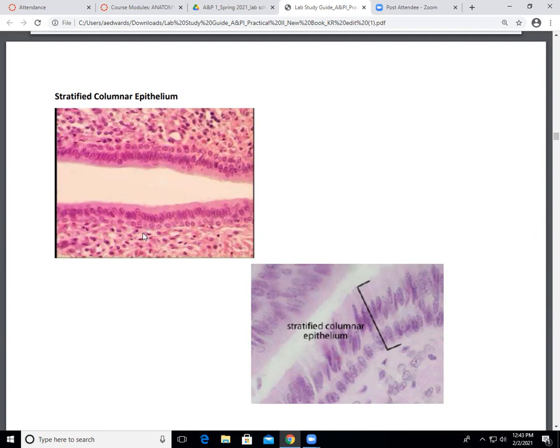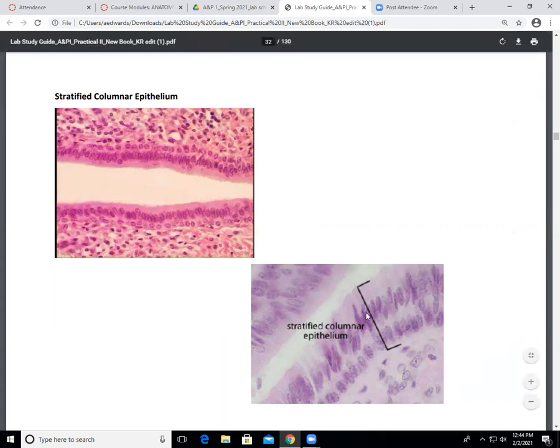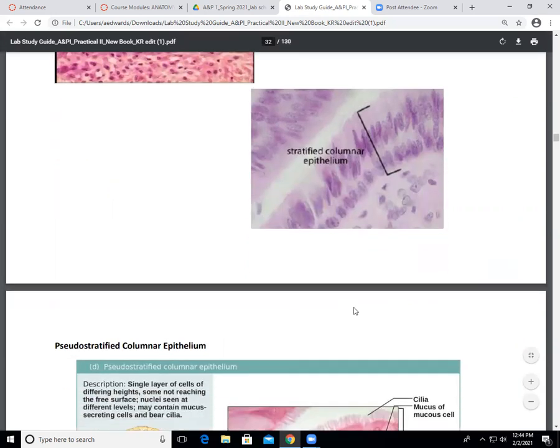Same here, multiple layers, columnar. Okay. Like I said, it will take you a while to train your eyes to see it. And again here, multiple layers, this layer is columnar. All right, multiple layers. This layer is columnar, multiple layers, this layer is columnar.